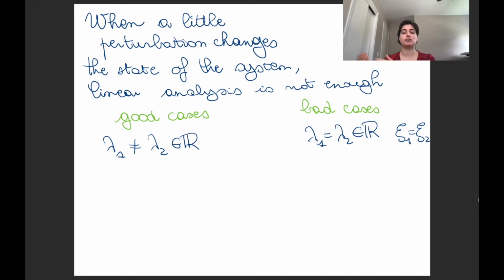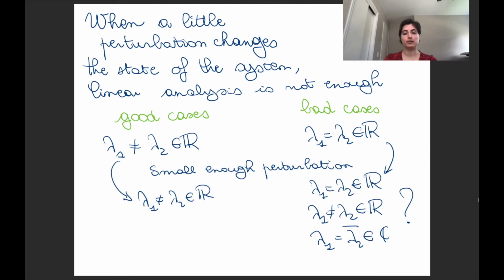A bad case is if lambda 1 and lambda 2 are equal and real with only one associated eigenvector. In this case, in the linear case, we have to go to generalized eigenvectors and so forth.